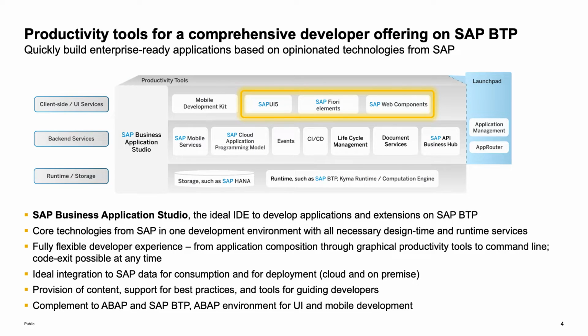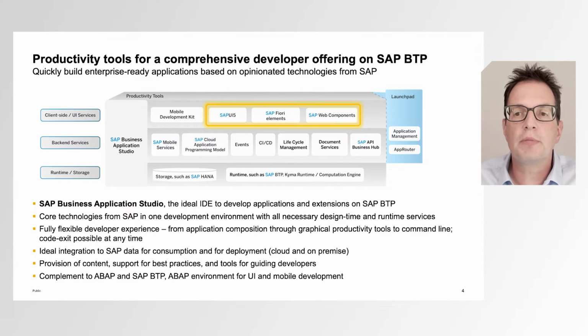SAP BTP provides tools for a comprehensive development offering. In the center of this, we have SAP Business Application Studio, targeting developers, offering capabilities ranging from pro-code tools, like textual editors or command line interface, to productivity tools, like visual tools, templates, or wizards.